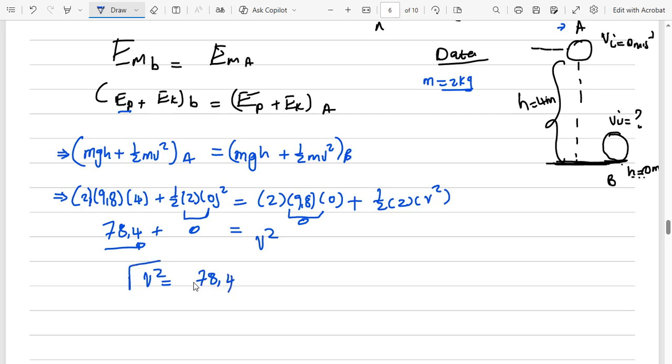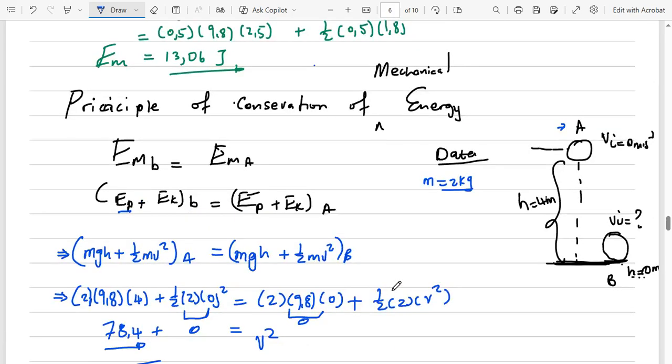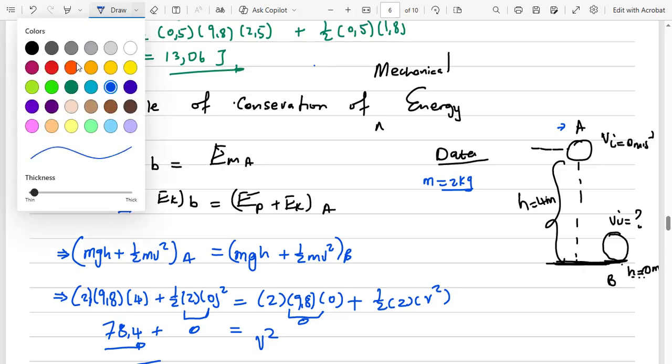I can just take the square root of both sides to find my velocity, which is 8.85 meters per second downwards, since it's going down. And that's it. Do you understand? Easy, right?